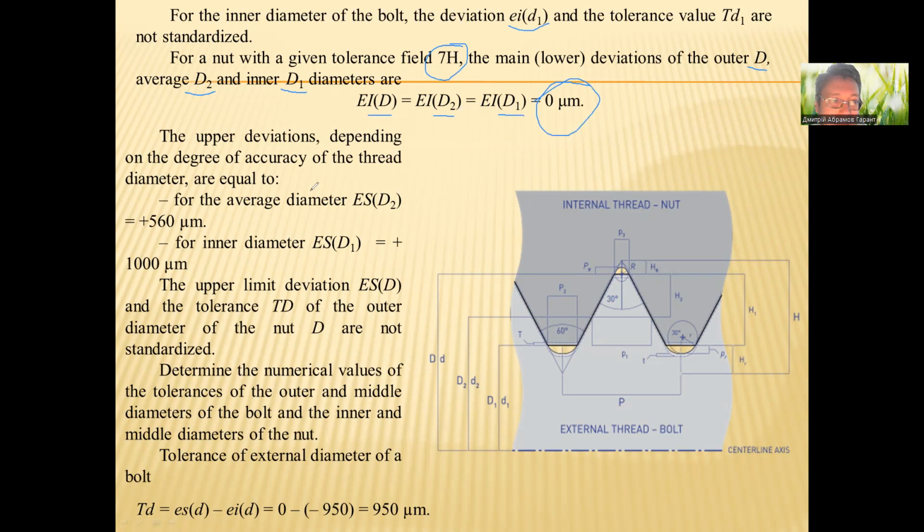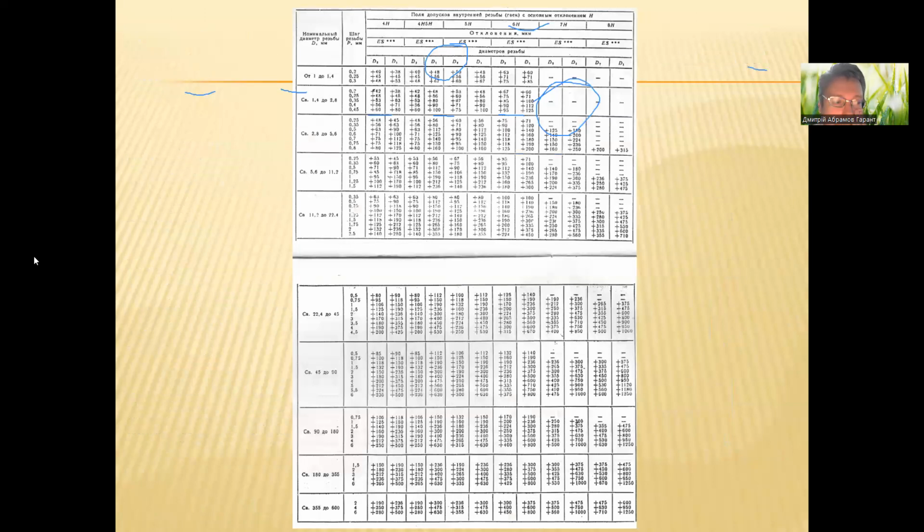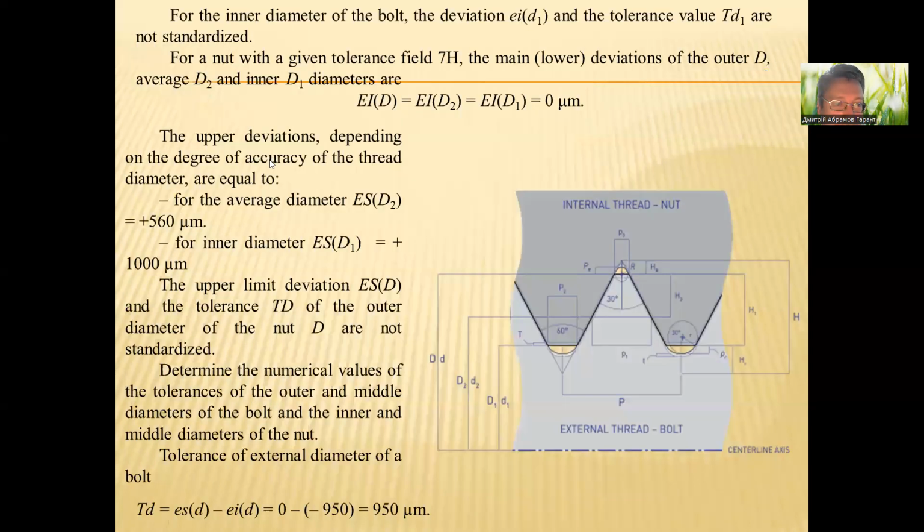The upper deviations, depending on the degrees of accuracy of the threaded diameter, we find in the table from the next slide. We should find tolerance field 7H.